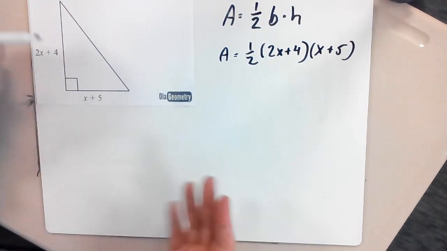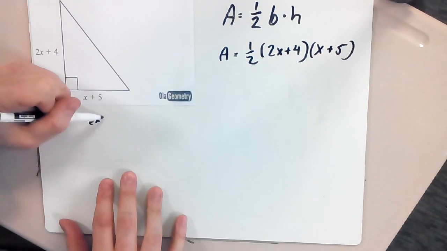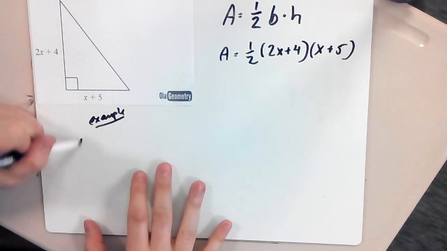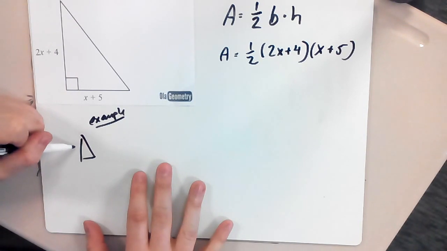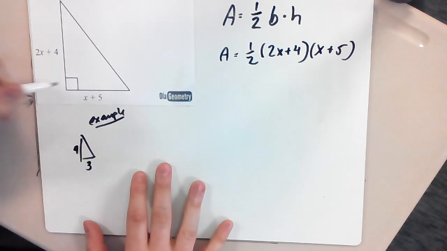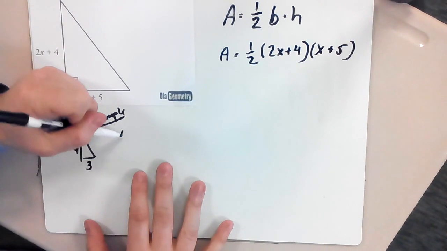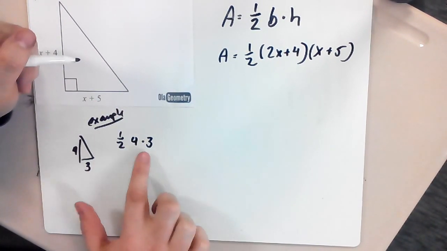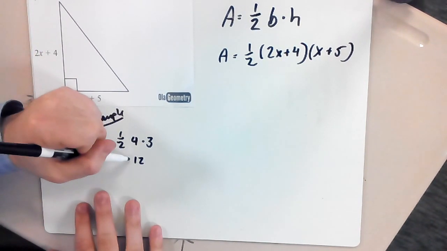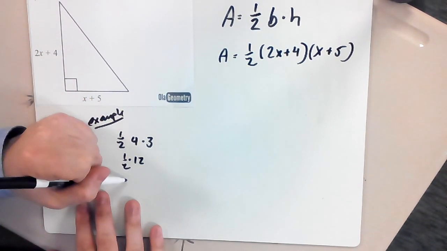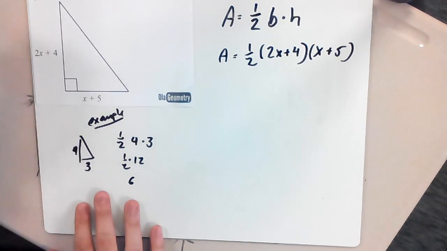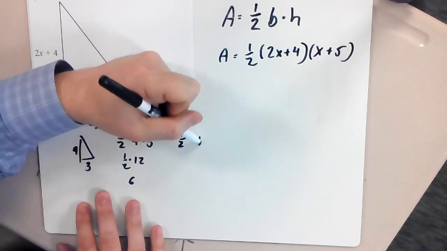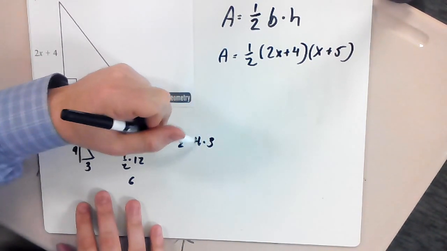Let's just say this is an example, and I'm going to make up two random sides of a triangle: 4 and 3. If I said 1/2 times 4 times 3, 4 times 3 is 12, times 1/2 gives me 6. Another way I could do this is to apply the 1/2 to just one of the numbers.